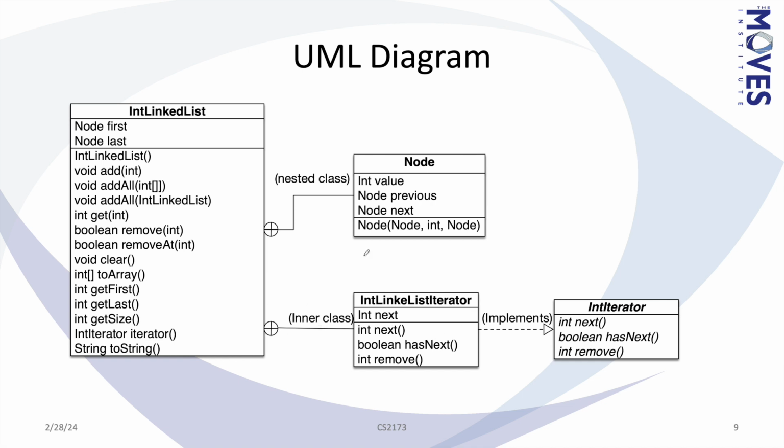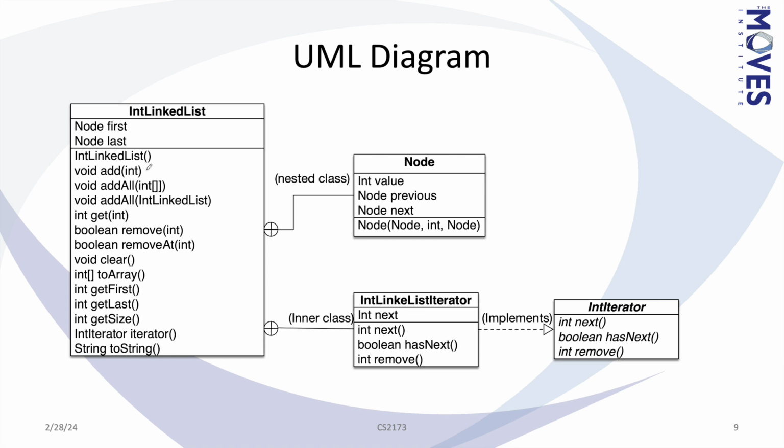So that's going to be an inner class, whereas node is going to be a nested class. And then for my linked list, for instance variables, all I need is a reference to the first and the last one, because the nodes themselves keep track of everything in between.